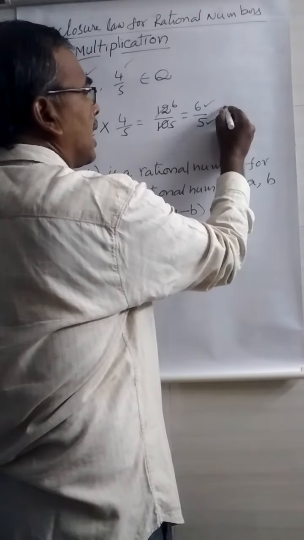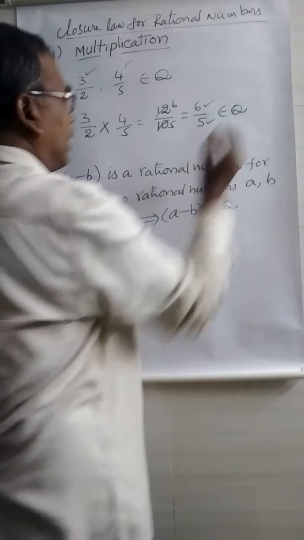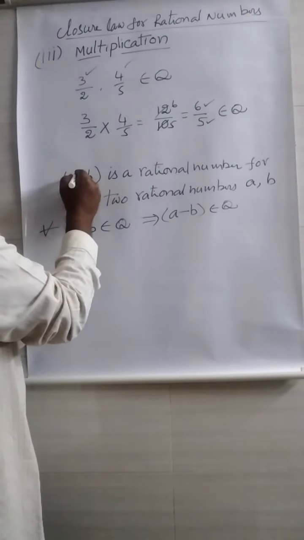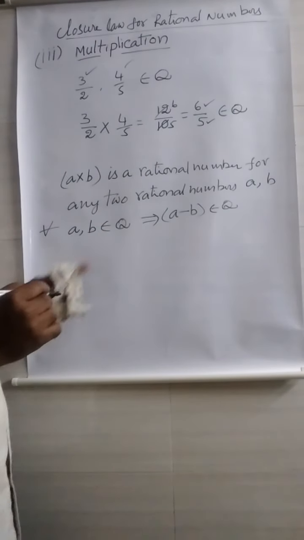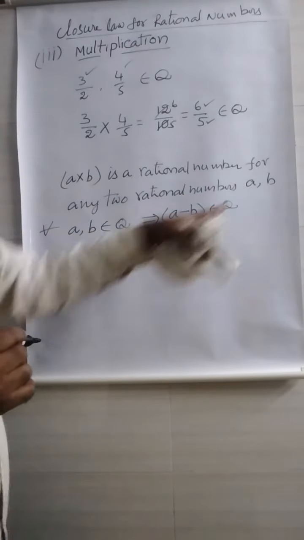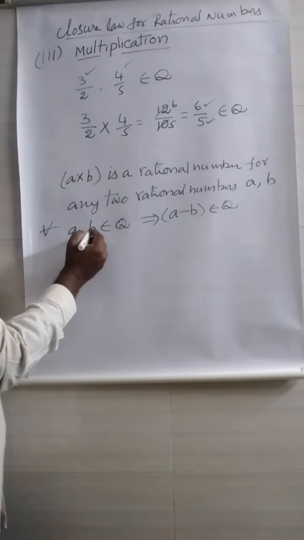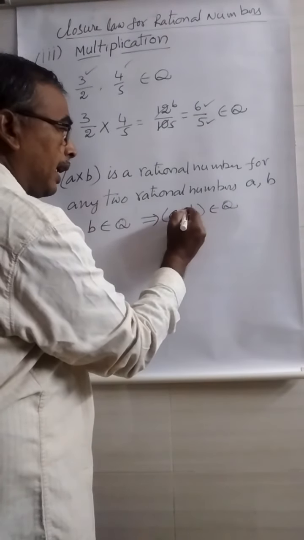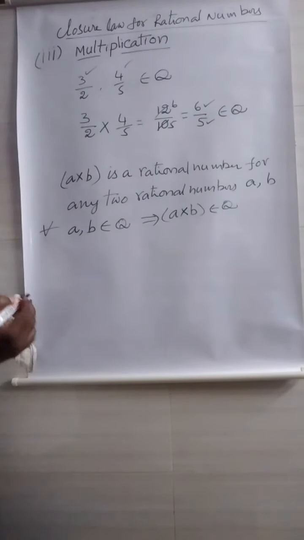Hence 6/5 is also a rational number. So here what to write? a into b, that means multiplication. a into b is a rational number for any two rational numbers a, b. That means for all a, b belongs to Q, that implies a into b is also a rational number.